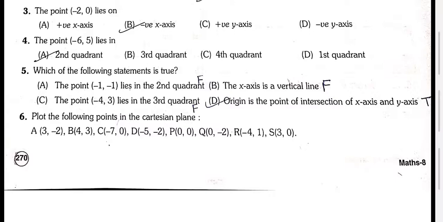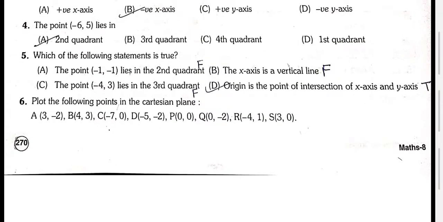Now plot the following points in the Cartesian plane. I am plotting these points by drawing the graph in my notebook, but all of you draw these points on graph paper only, with the help of a pencil. You are not allowed to use a pen on graph paper, always use a pencil.